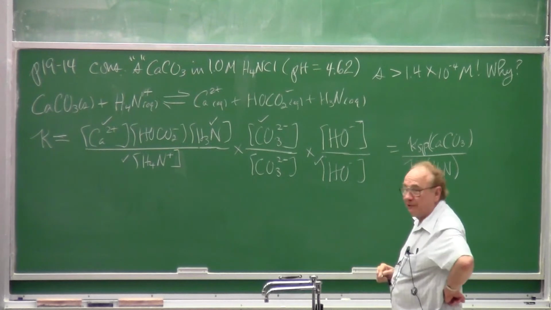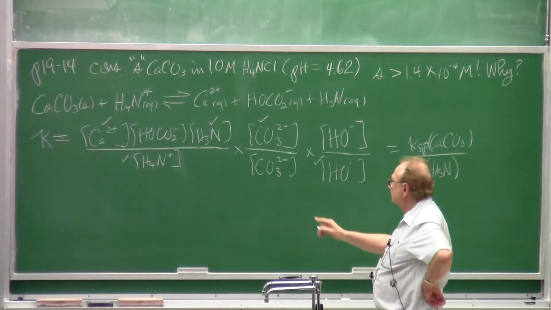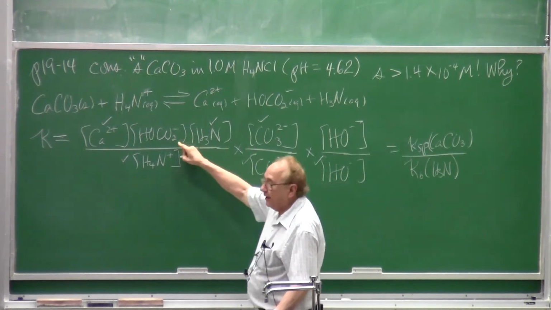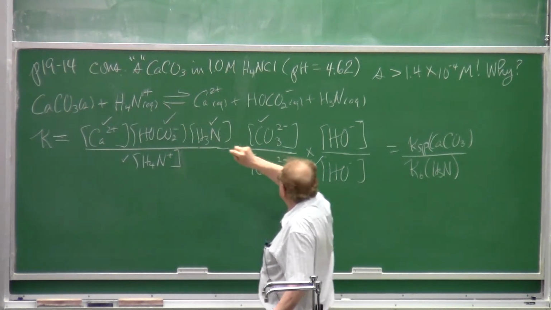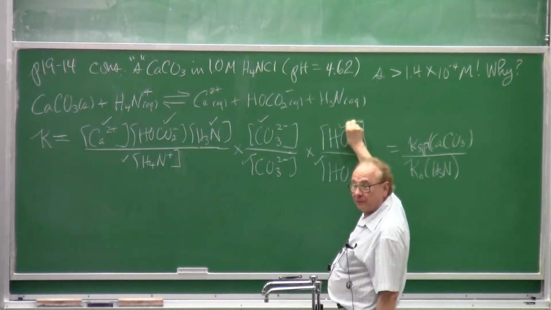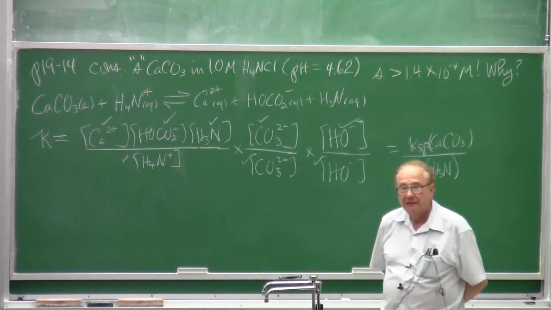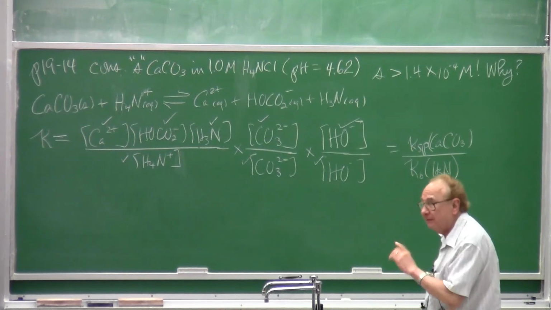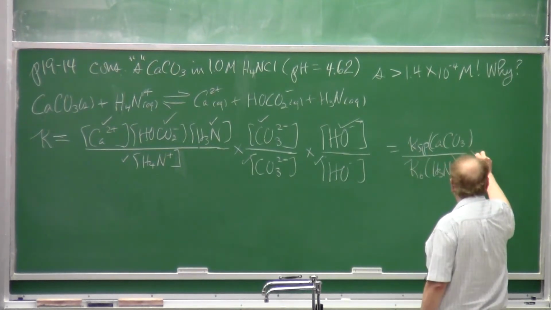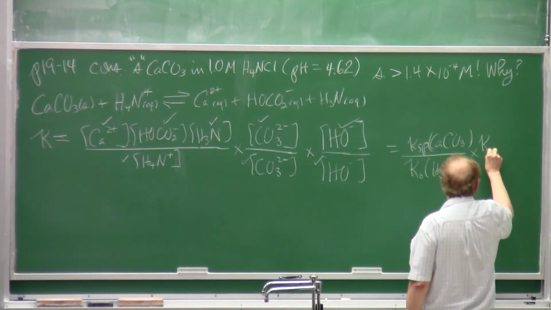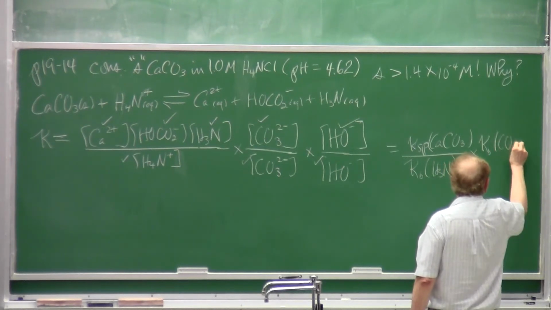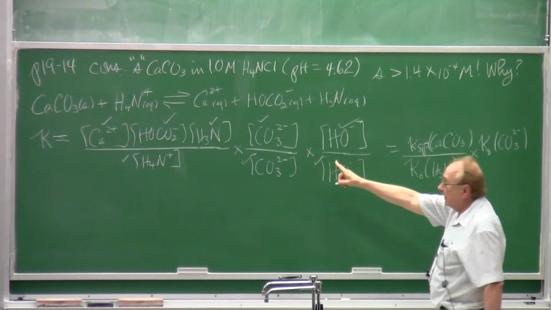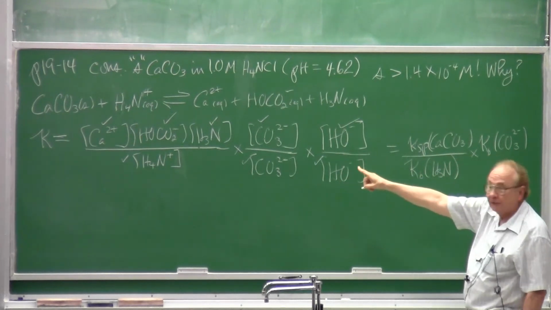And now let's examine the remaining terms. Carbonate, denominator, reactant; bicarb, numerator, product; hydroxide, numerator, product. What does that correspond to? Kb of carbonate? You betcha. Done. Notice that based on the bookkeeping, all the terms are now checked.